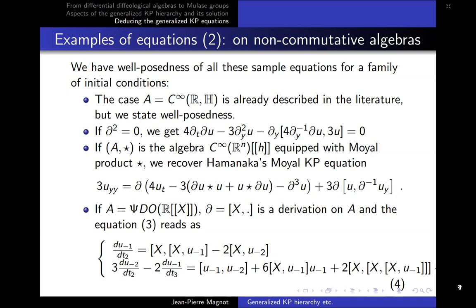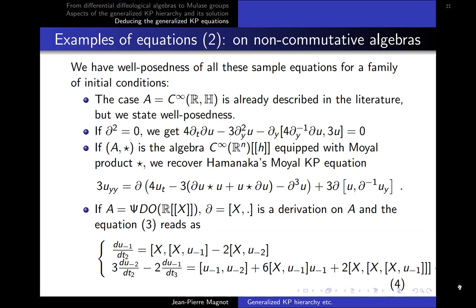For simplicity, we assume that these are only formal series in R. And if we take the derivative, which is called the Pincherle derivative, it is an inner derivation in R of X. It is a derivation on A. And we have a system which looks like the system 3, of course, but just have a look at what happens here.